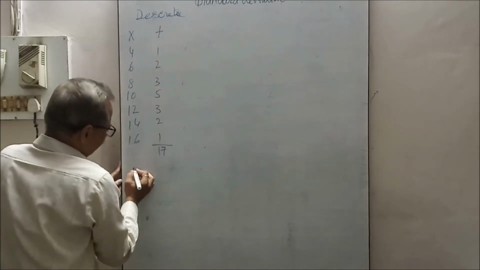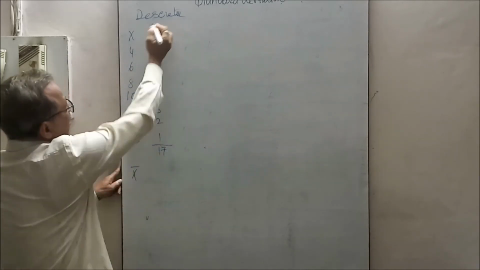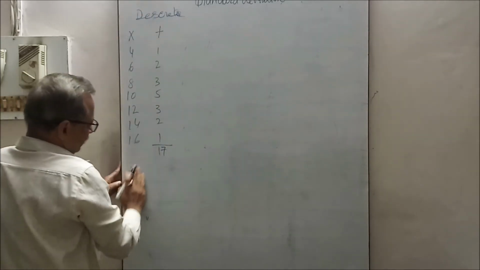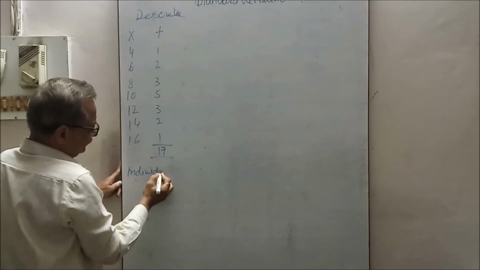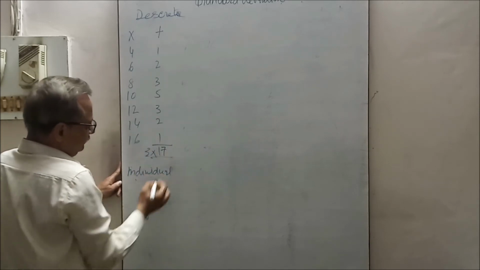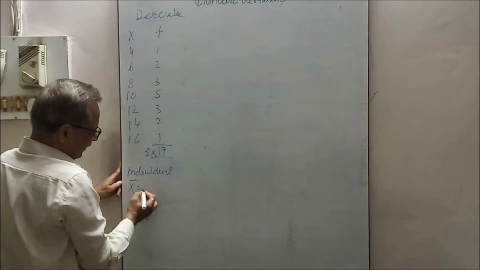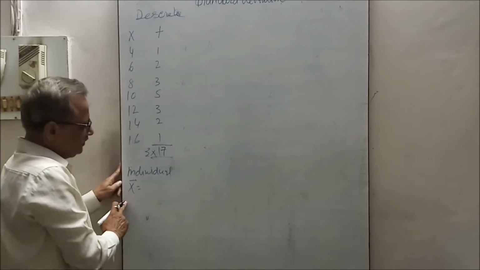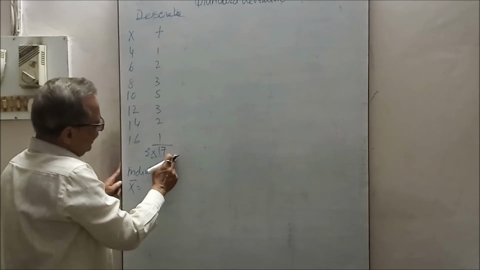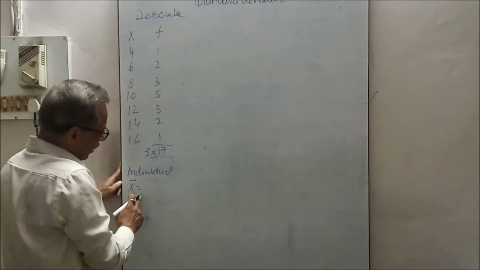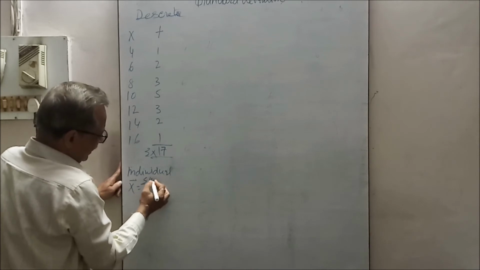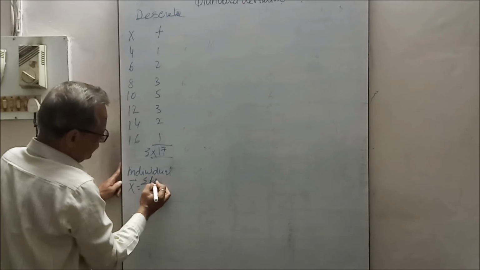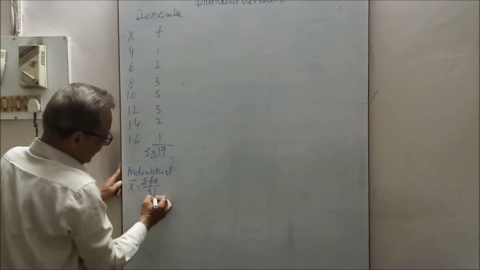And then what do we have to find? This is also as in the individual series. We have to find X bar, that is the average mean, which is summation fx upon summation f.